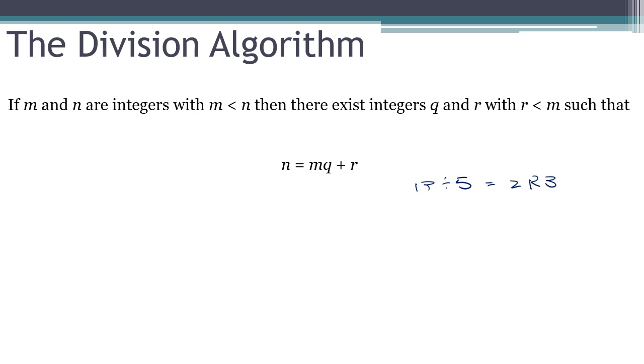In other words, 13 equals 5 times 2 plus 3. So now you can see how the numbers from the division fit into the algorithm's formula. The Q is the quotient and the R is the remainder.